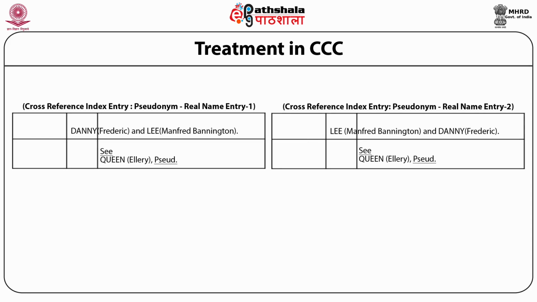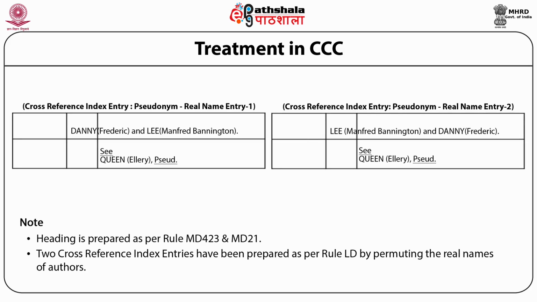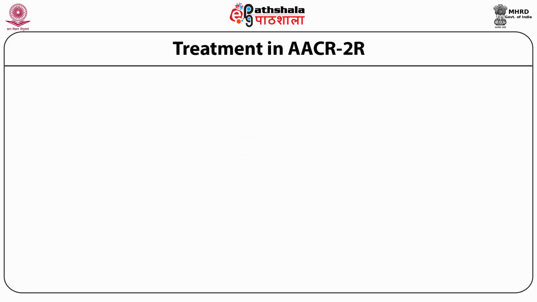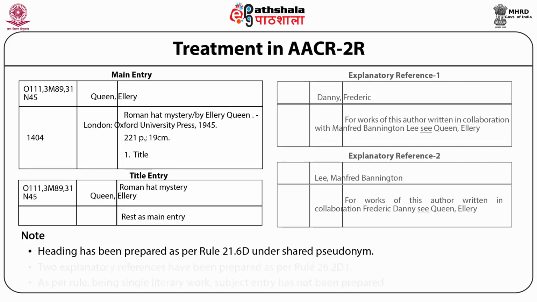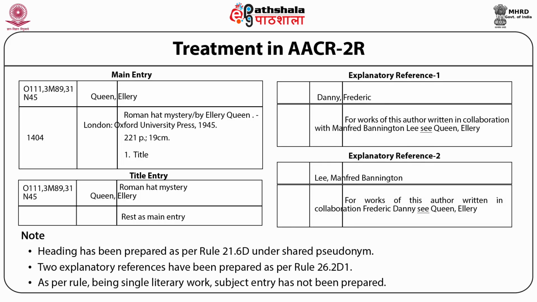However, the heading is recorded as per rule number 21.6D of AACR2. All the other entries have been prepared as per rules discussed in Module 12. However, two explanatory references have been prepared as per rule number 26.2D1 discussed in this module.